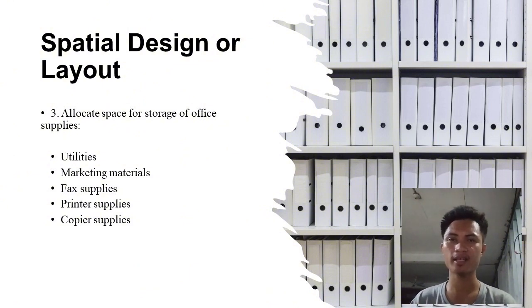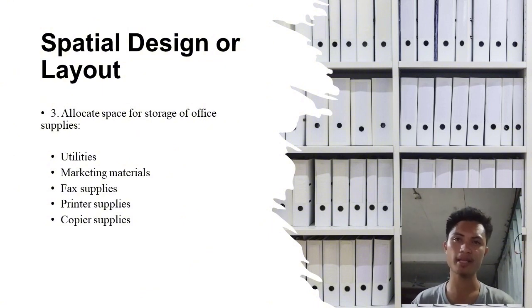This is clearly intended for labeling. Also, we have to clearly label the storage area for each type of printer supply to prevent confusion. Inventory tracking. This is very important, to implement an inventory tracking system to monitor printer supplies levels and reorder when it's needed.